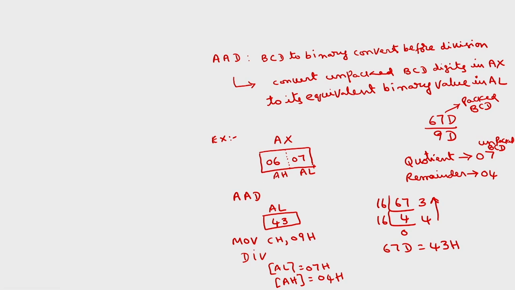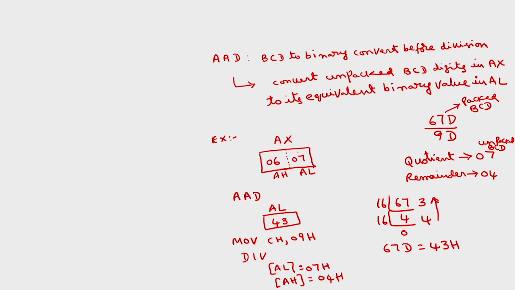Then 9 you can take into any other register and perform the division. But the division instruction assumes the data given is in hexadecimal form, whereas this is actually decimal. So to convert this decimal into the equivalent hexadecimal 43, we use the instruction AAD.